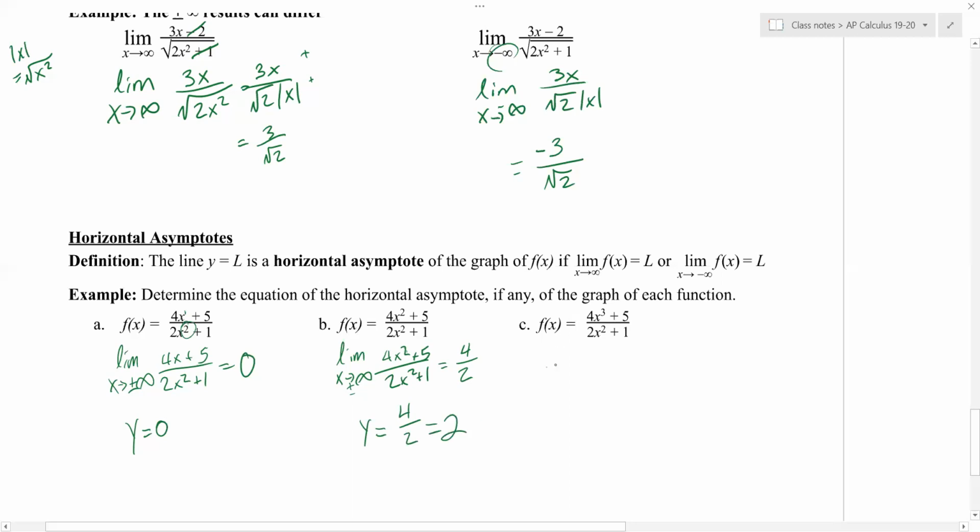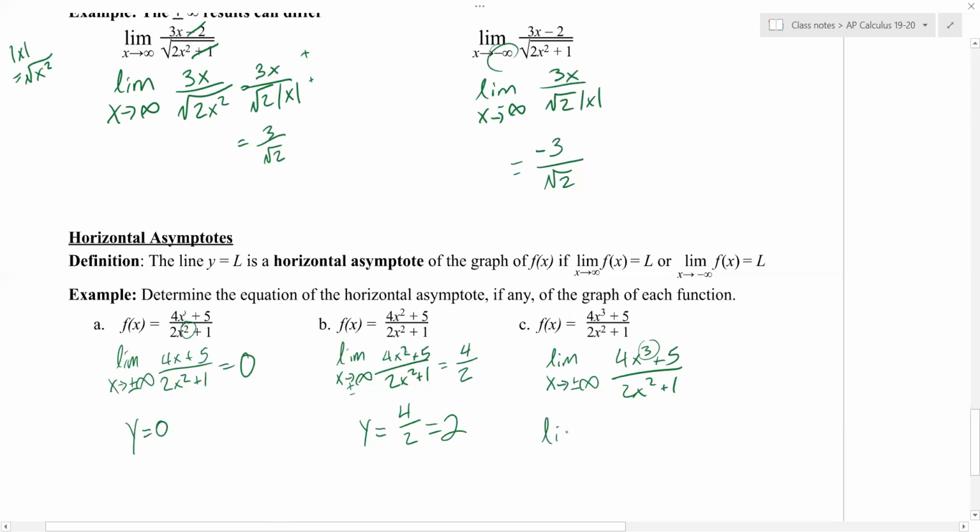In our last case, to find the horizontal asymptote, we're still going to find our limit as x approaches positive and negative infinity of 4x cubed plus 5 over 2x squared plus 1. In this case, our numerator has the bigger degree. So we're going to be approaching infinity. If we have positive infinity, then we're going to be approaching a positive number. If it's negative infinity, then this will be negative infinity.